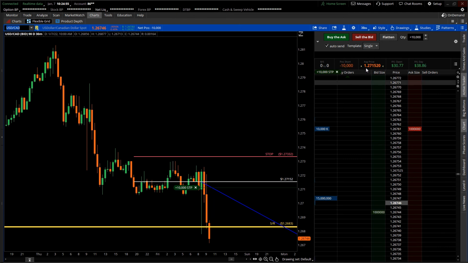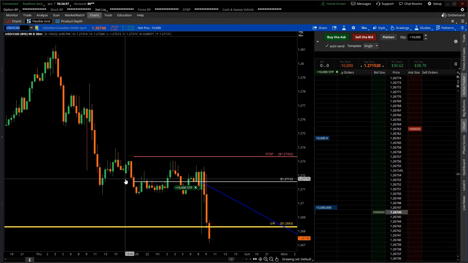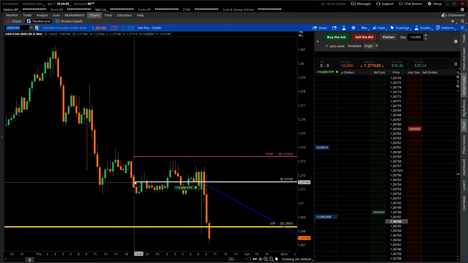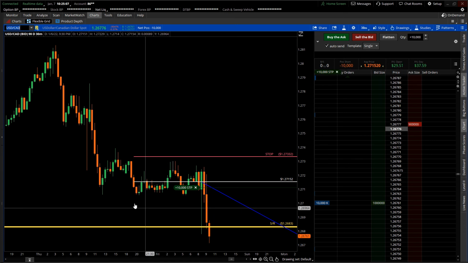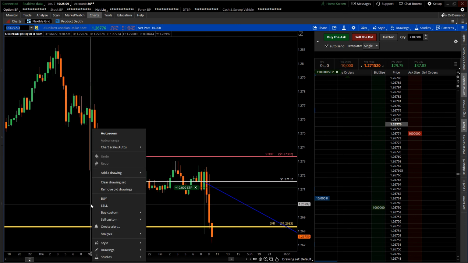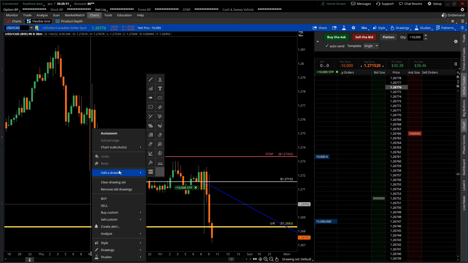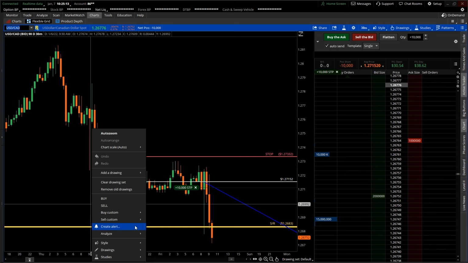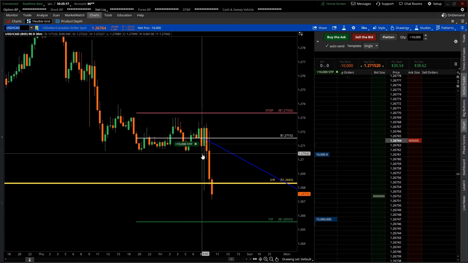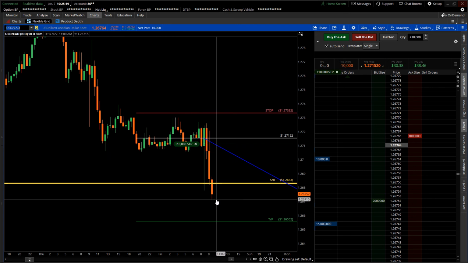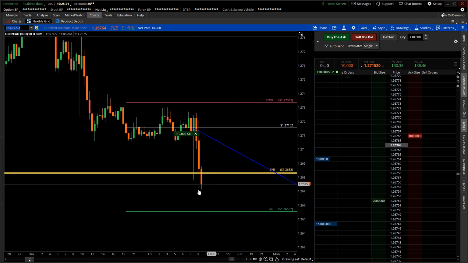My entry price is at 1.27, which I entered on this candlestick right here last night at 7:30, and right now the trade is up $29.51. So I'm essentially double dipping on the Canadian dollar, and this trade I'll most likely keep open over the weekend.